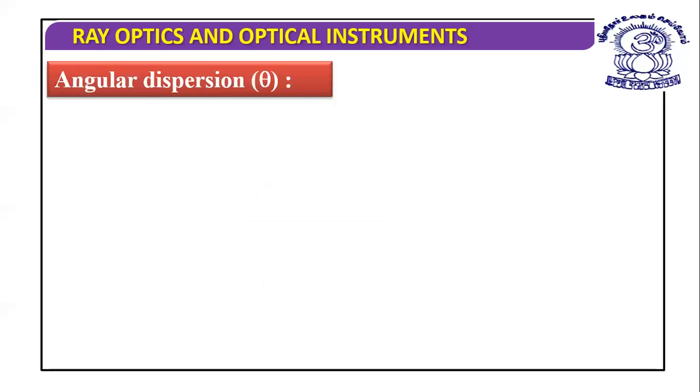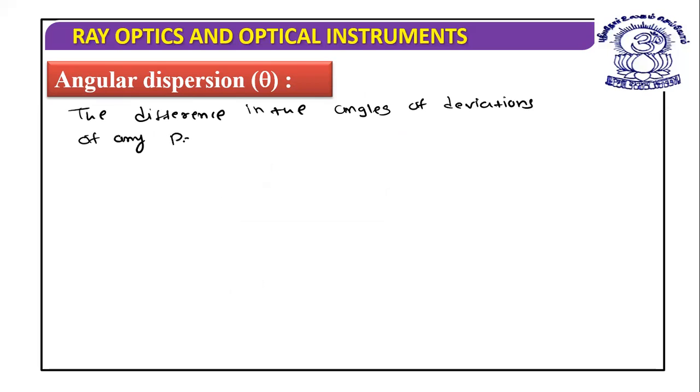So let us define: the difference in the angles of deviations of any pair of colors is called angular dispersion.